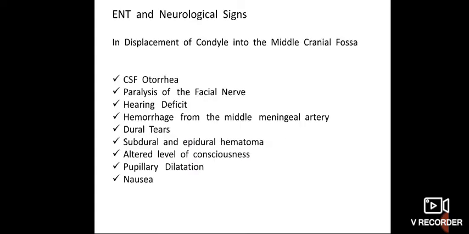When the condyle goes into the glenoid fossa, what are the neurological or ENT signs you get to notice? There will be CSF otorrhea through the external acoustic meatus. You see CSF leak, paralysis of the facial nerve, because in the petrous part of the temporal bone region only, the vestibulocochlear apparatus will be there, so you will have a paralysis of the facial nerve.